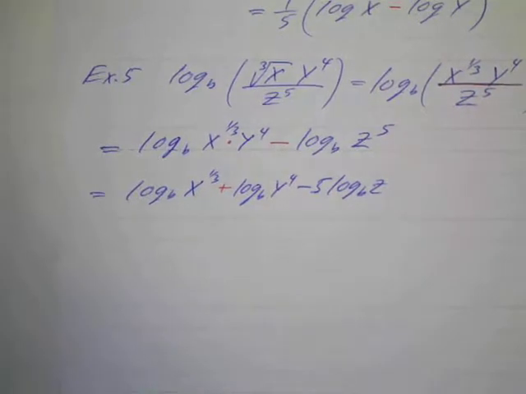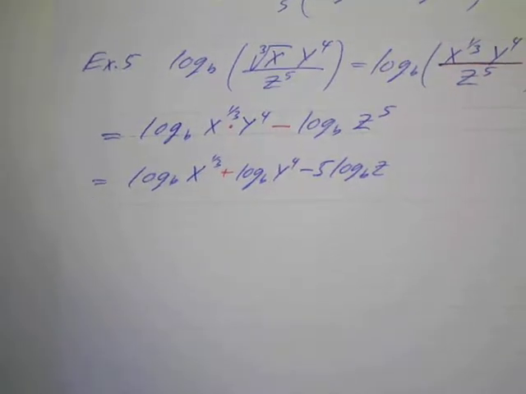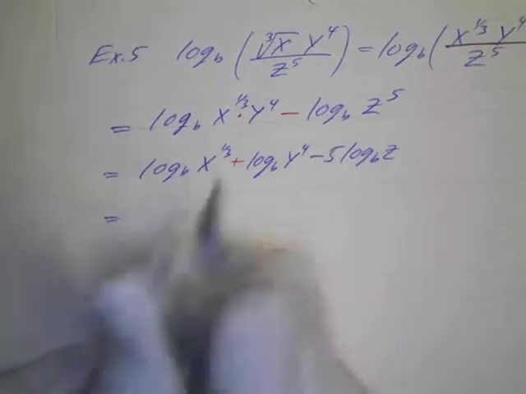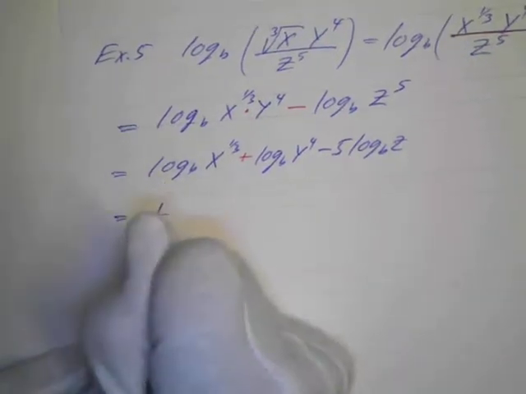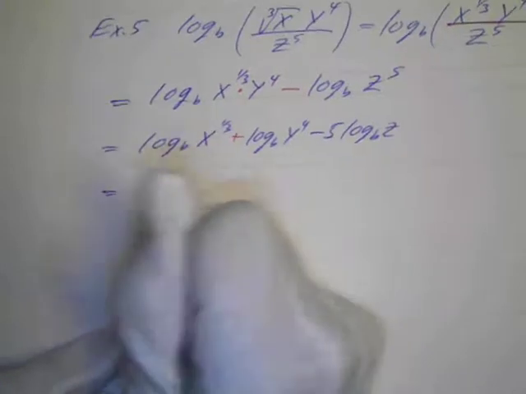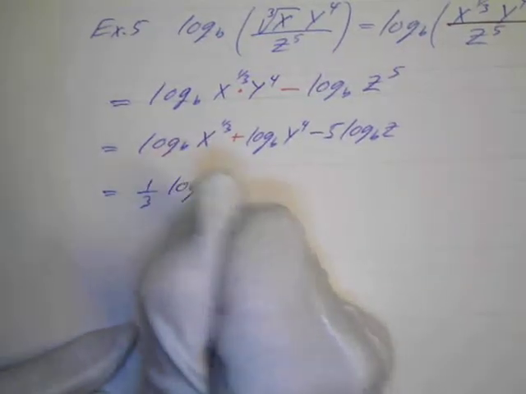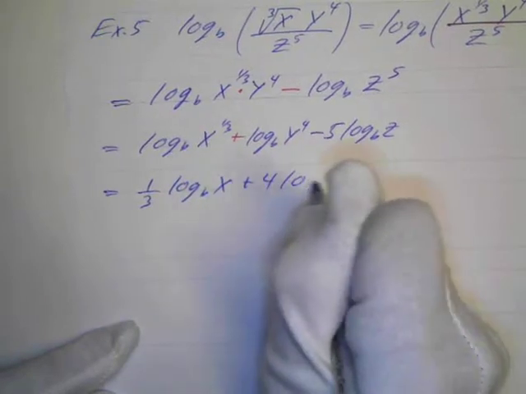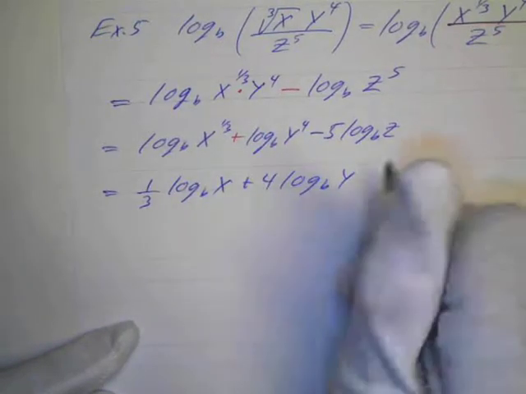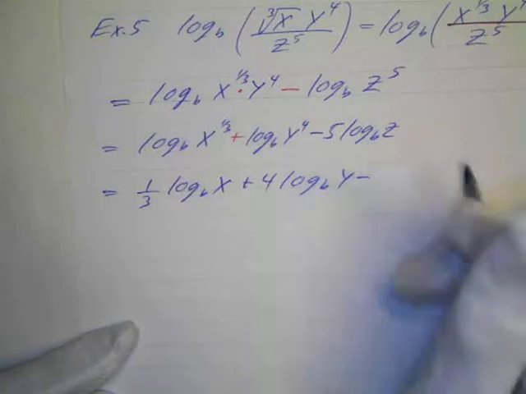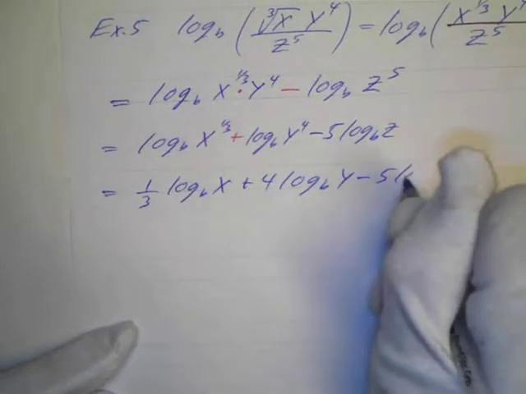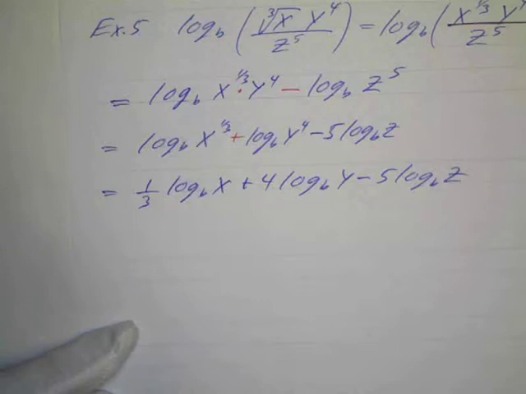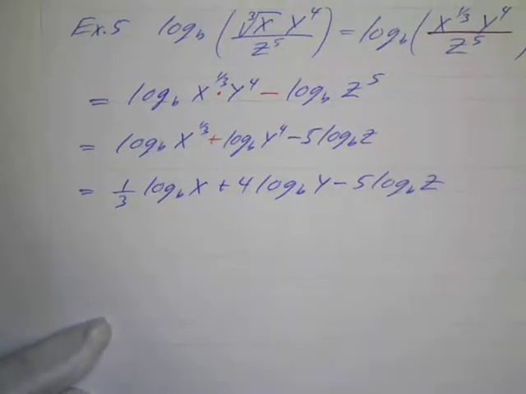That makes sense. And then one more step. I can put these exponents in front, so I'll have 1/3 log to the base b of x plus 4 log to the base b of y, and this stays the same, minus 5 log to the base b of z. And we're all done.